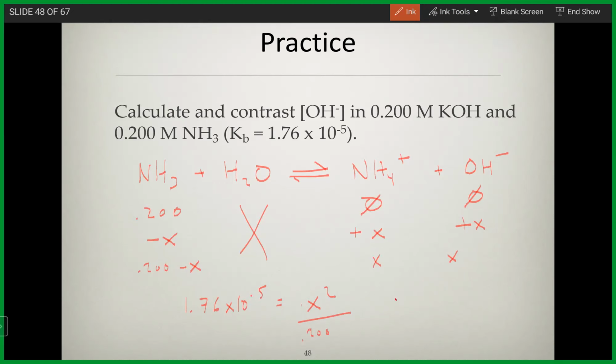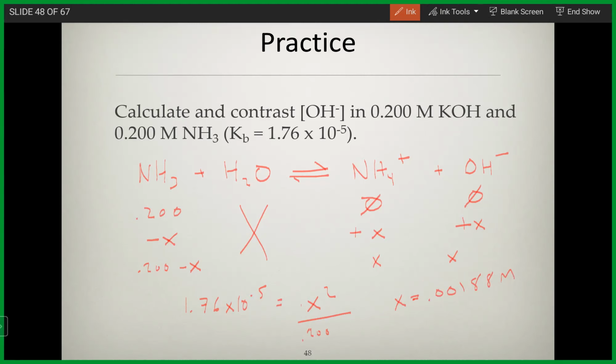So when we solve for this one, we're going to see that X is equal to 0.00188 molar. And again, if we compare that to the potassium hydroxide, that strong base, we've clearly got much, much less of this hydroxide ion.